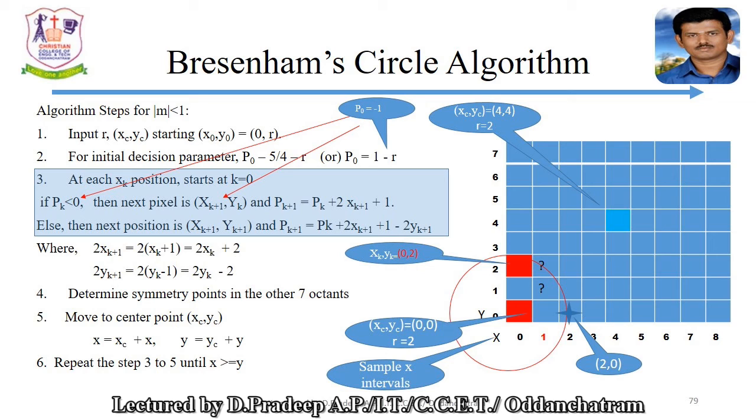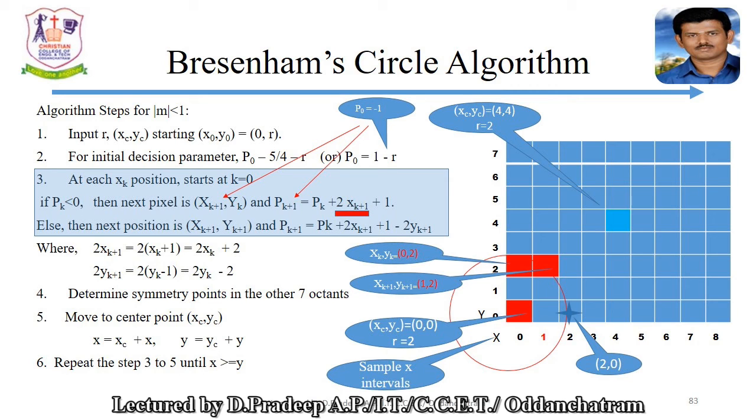That means the x value is 1 and yk remains the same. So the next pixel is 1 comma 2. Next we have to find the next decision parameter, that is pk plus 1, here it is p1.